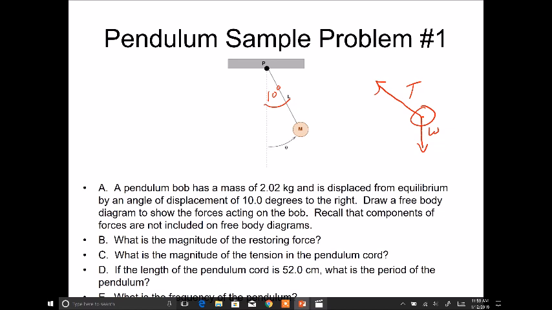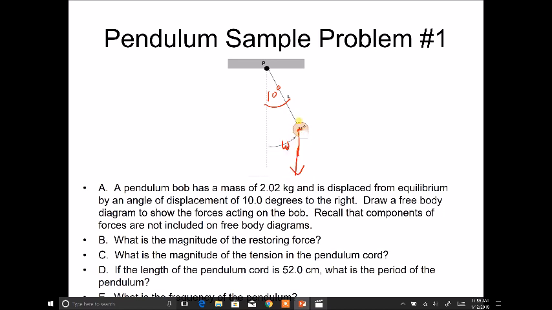Next, we want to know the magnitude of our restoring force. So now we are going to do some components. So let's erase our free body diagram. And now we want to draw in our weight. So this represents the weight. And we want to break that weight into two components.